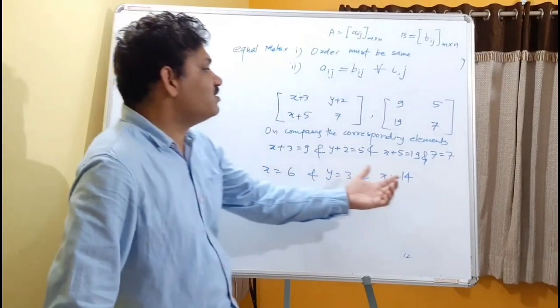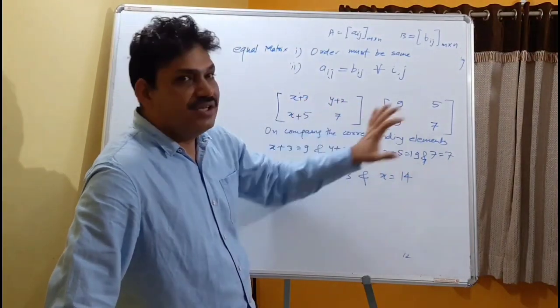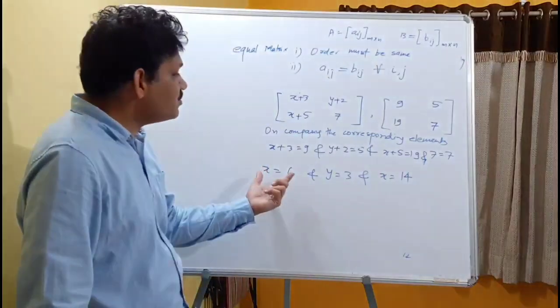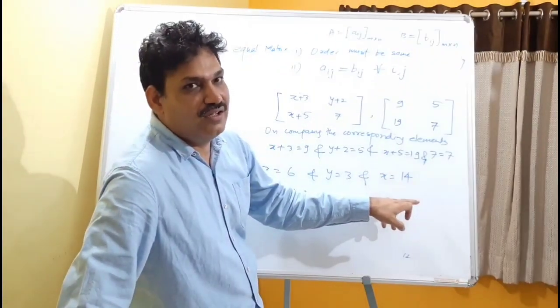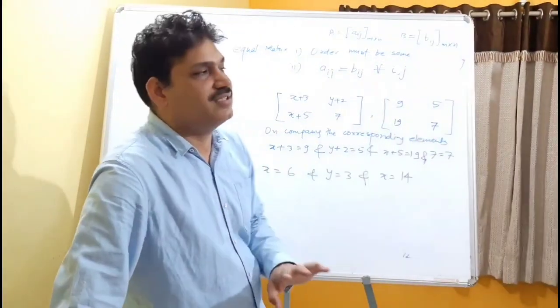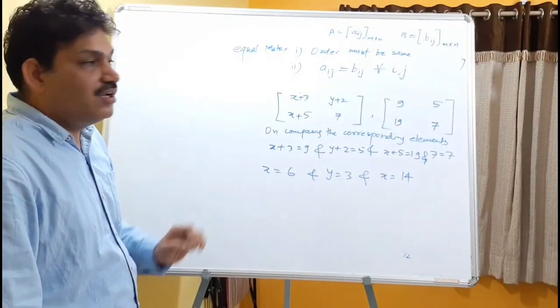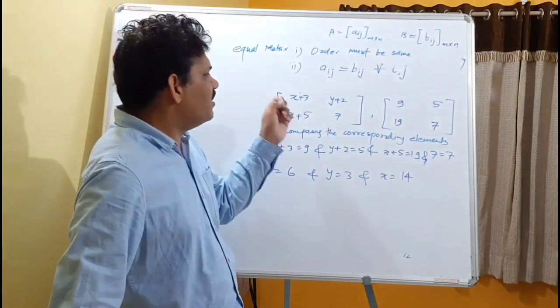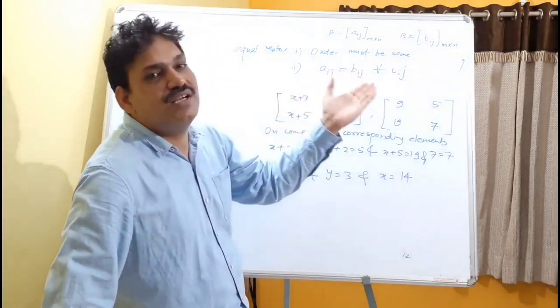And if I take x is equal to 14, these two will be equal, but the other two will not be equal. That means x is equal to 6, and at the same time x cannot be equal to 14. That is, x cannot be equal to 6 and 14 simultaneously. So for this question, our answer is, it is not possible to find any such values of x and y which can make these two matrices equal.